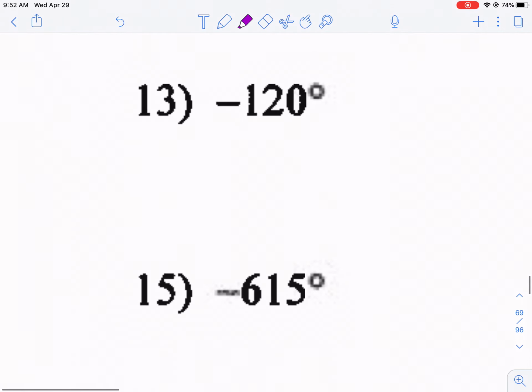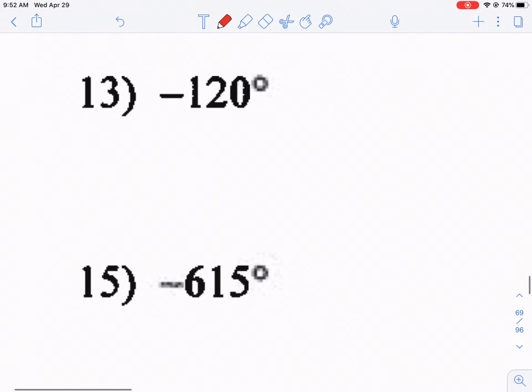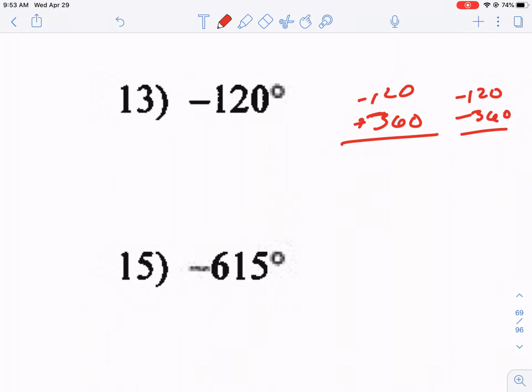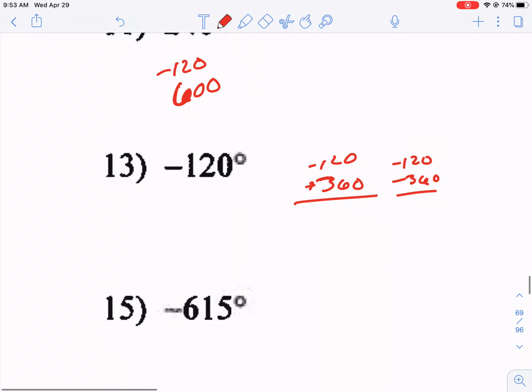Let's look at number 13. We can do that same thing. We can do negative 120 plus 360, and we can do negative 120 minus 360. So if we do that, and I'm actually going to just do that real quick, we end up with 240 degrees.